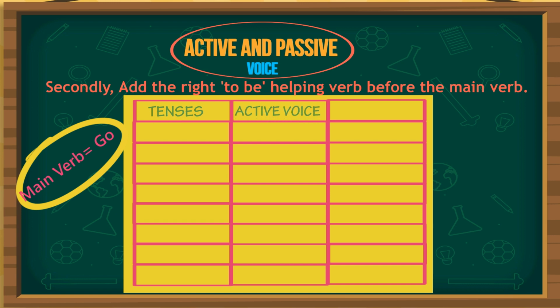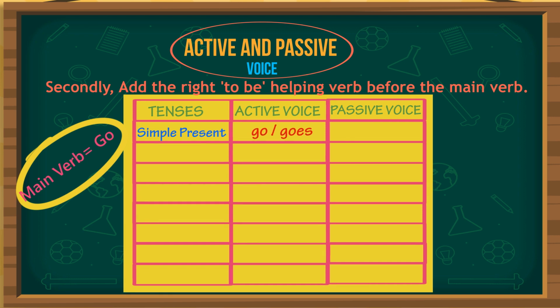Now, let's explore examples for each of 8 tenses to make things clear. First, in simple present tense, in active voice, we use the first form of the verb, go or goes. In passive voice, we add is or am or are depending on whether the object is singular or plural, followed by the verb's third form, gone.